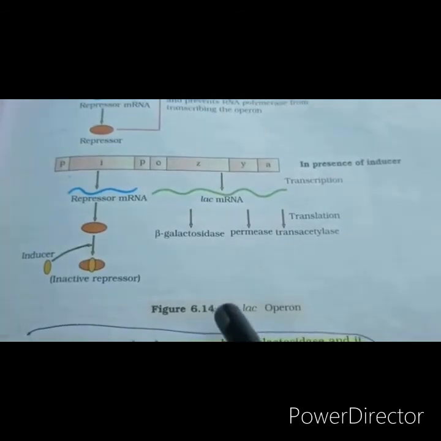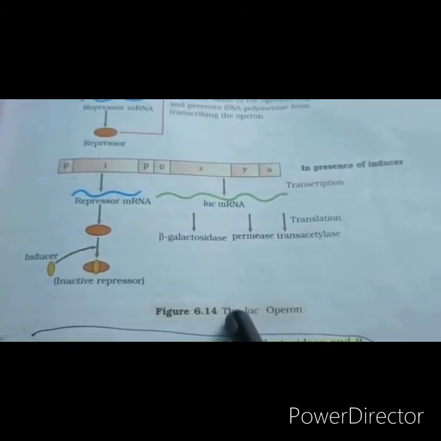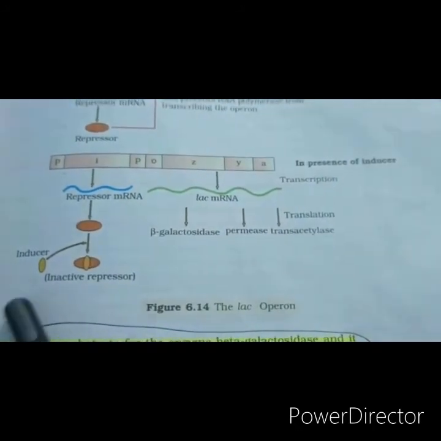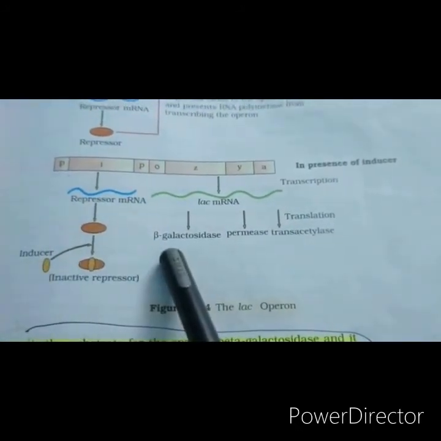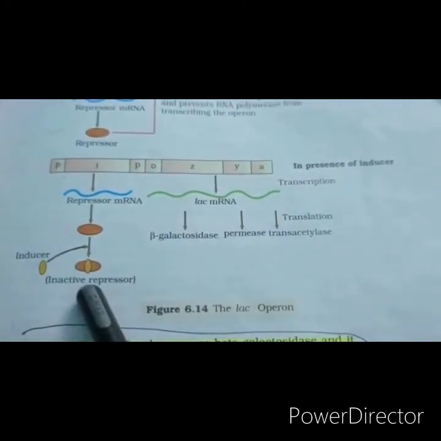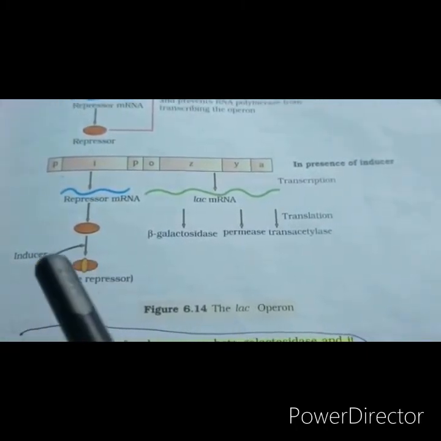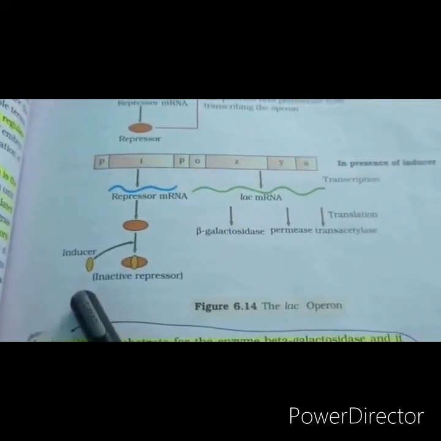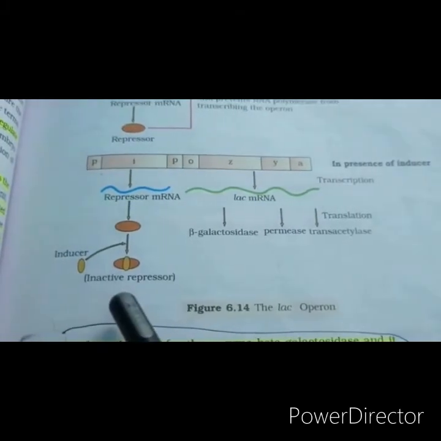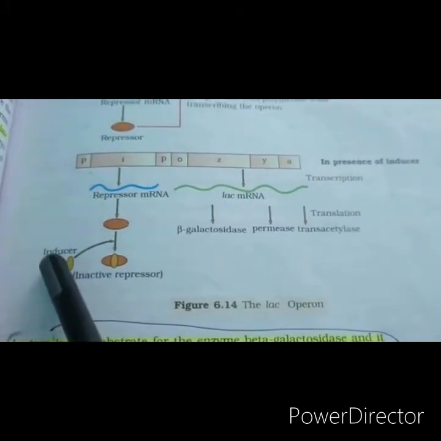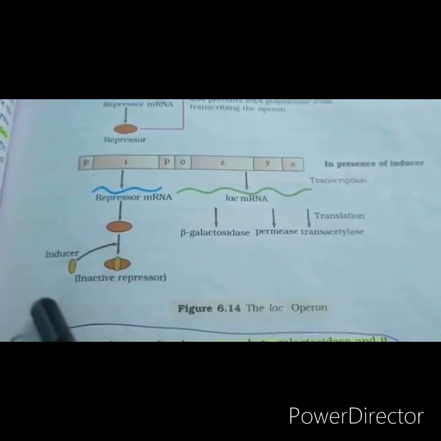The answer to this question is that at any given time, the cell has some amount of permease which allows the entry of lactose into the cell. So after the diffusion of the lactose into the cell with the help of the permease, our lactose gets converted into another form, which is known as allolactose. Here, this is our allolactose form.